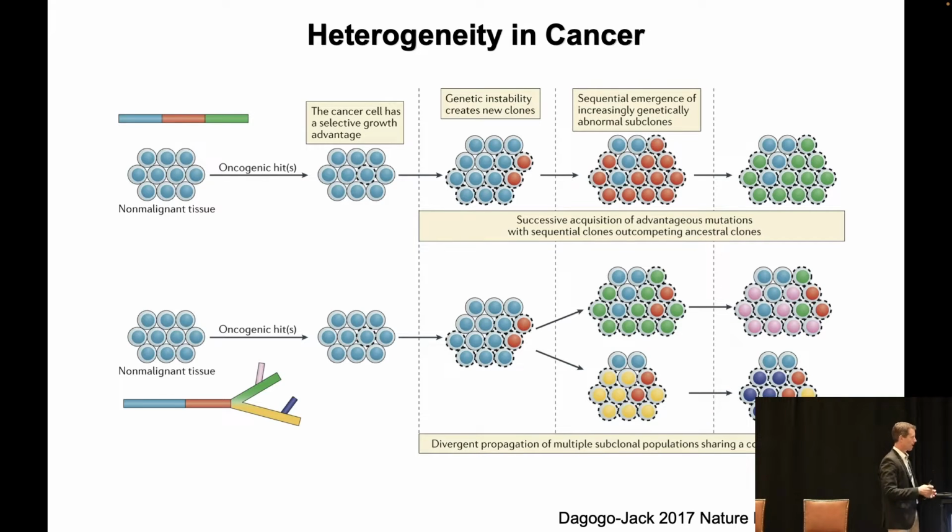Another thought is that there's this hit again, radiation, whatever, toxic, and then certain cells go rogue, but then those cells mutate further and spread out more and become more diverse, and another subset of these cells also spreads out. That's also leading to heterogeneity. So either one set of cells just takes over, or one set of cells starts to proliferate, and then they already become more heterogeneous.